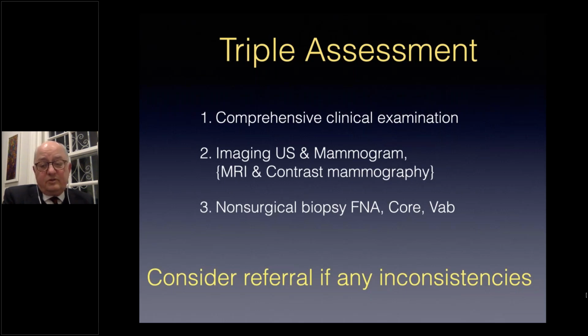Now, all of these in triple assessment need to be benign and concordant for you to be able to call a finding benign. If any of them are not, or they're vague, or they're unclear, then that doesn't pass the triple assessment test. And then you need to consider whether or not you want to refer this on for further assessment. So this really forms the basis of all of our assessments of breast pathology.